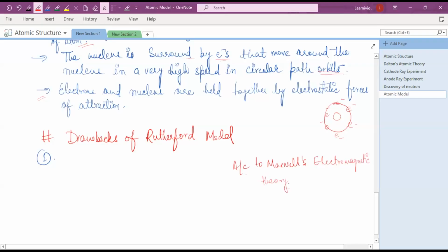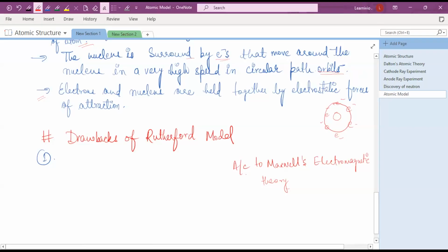right? What he said in his theory, charged particles when accelerated must emit electromagnetic radiations. When a charged particle is in acceleration, it must emit some electromagnetic radiation, right? So in this case, an electron in an orbit will emit radiation because it's moving along its orbit, right?